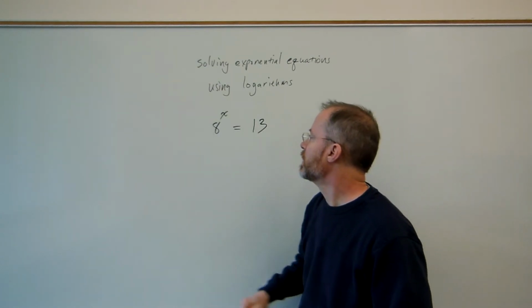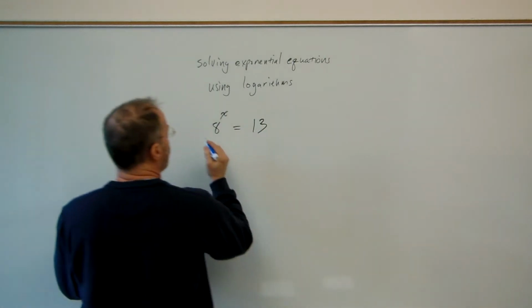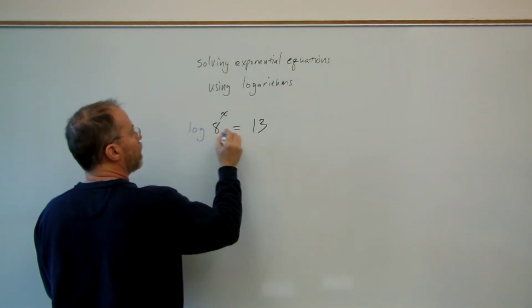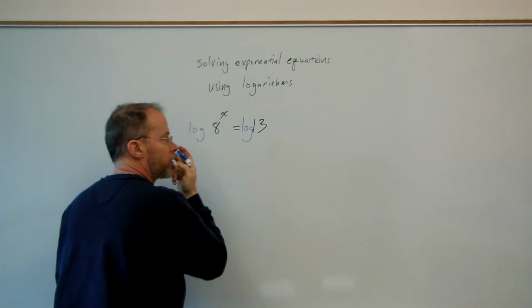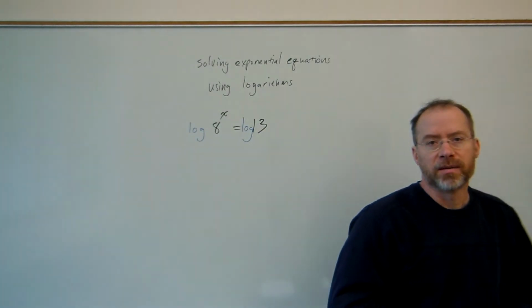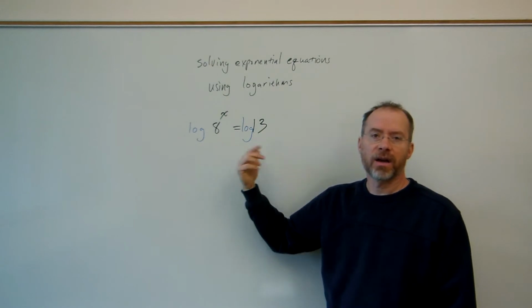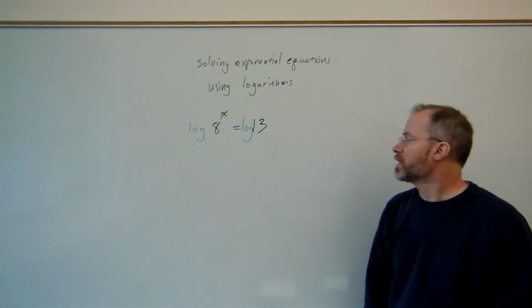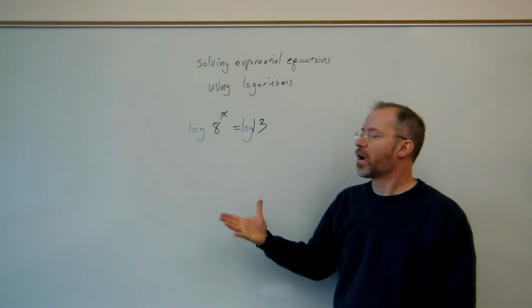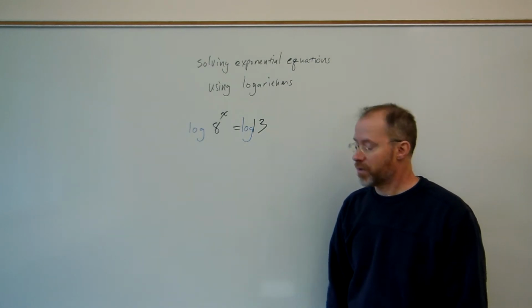What we're going to do with these is take a logarithm on both sides. And what's kind of cool is a lot of the times the log base doesn't matter so much. So here I used log, that's log base 10, the common logarithm. Of course if 8 to the x is equal to 13, the log of 8 to the x will be equal to the log of 13.